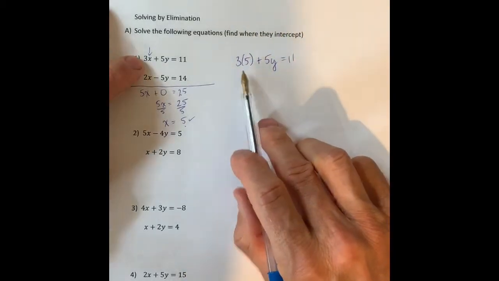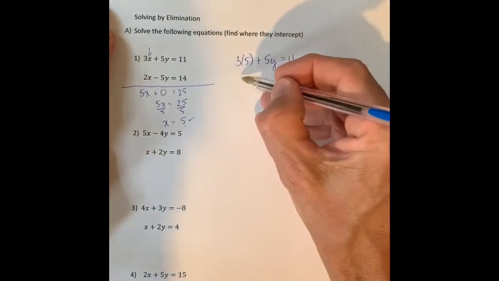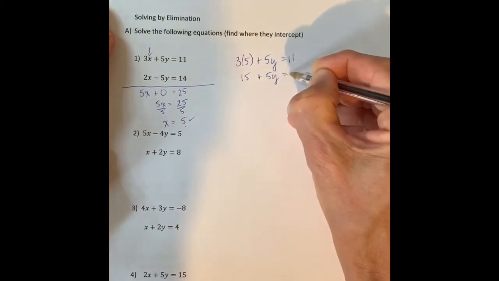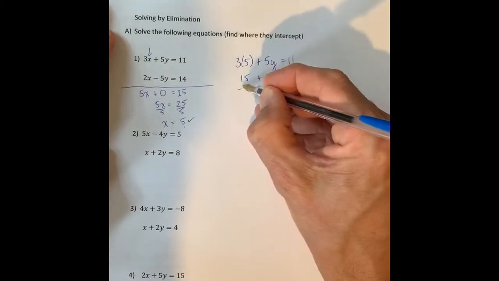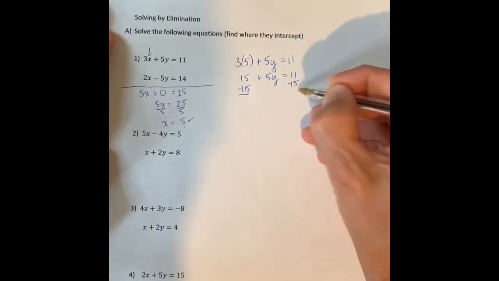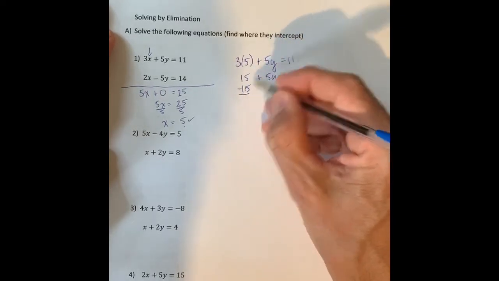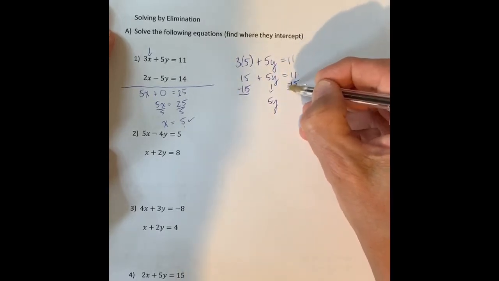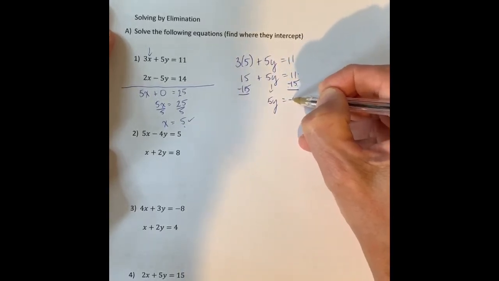So x is now 5. So 3 times 5 is 15 plus 5y equals 11. Let's minus 15 to both sides. We have 0, bang, gone. The 5y comes down. 11 minus 15 is minus 4.